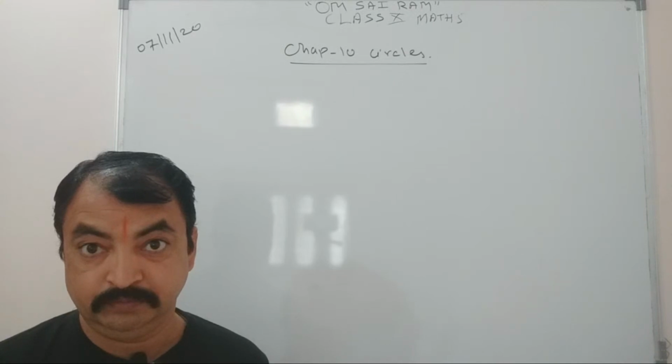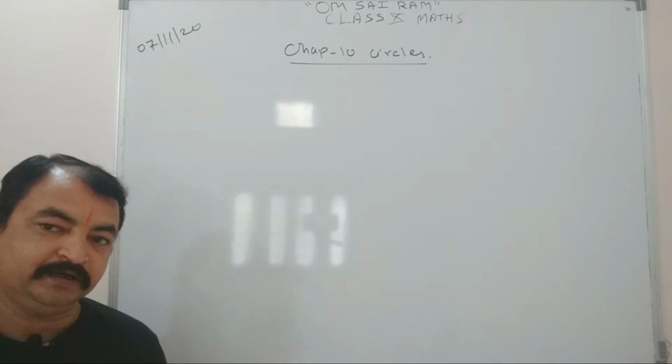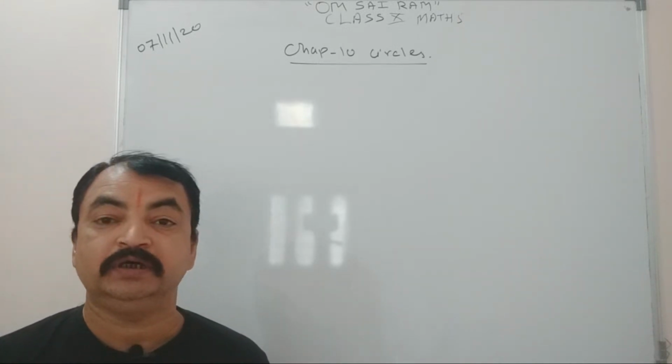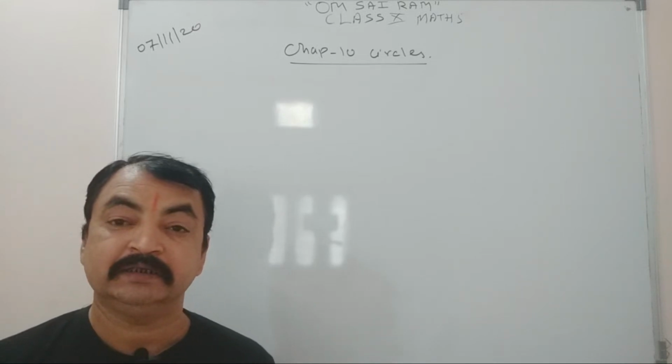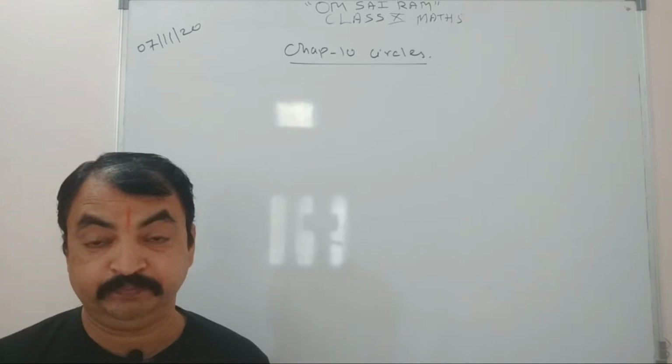Getting it? Point P is the point of contact, which is common to the tangent as well as the radius end point, which is the point of the circle also, the circumference point, right?